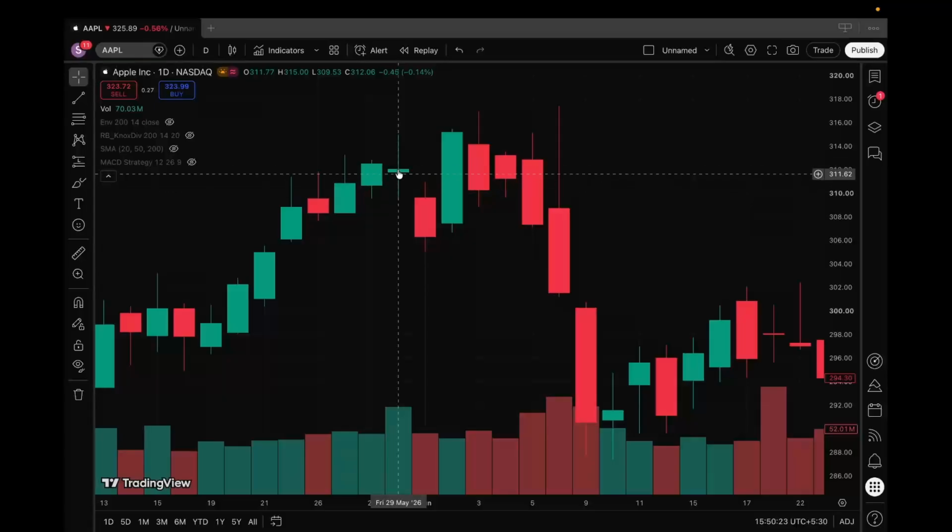Now, this is called a doji. It means the price opened and closed at almost exactly the same level. Neither buyers nor sellers won. So this signals indecision in the market. When you see a doji after a strong move up or down, it can mean the trend is about to change.